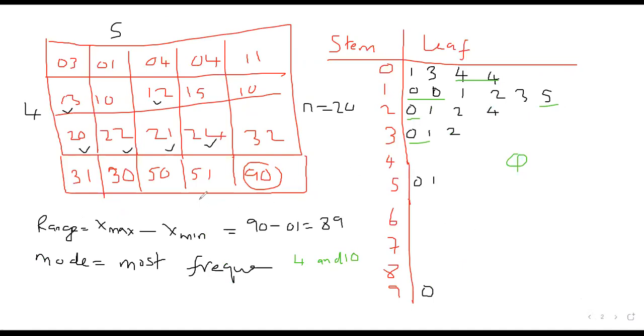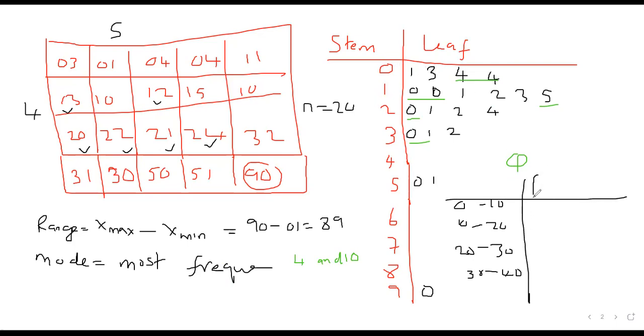So for instance, here, if you want to discover your classes, you can say between 0 and 10, between 10 and 20, 20 to 30, 30 to 40, it goes on and on. So how many are there between 0 and 10? There are 1, 2, 3. So your frequency here is 3.